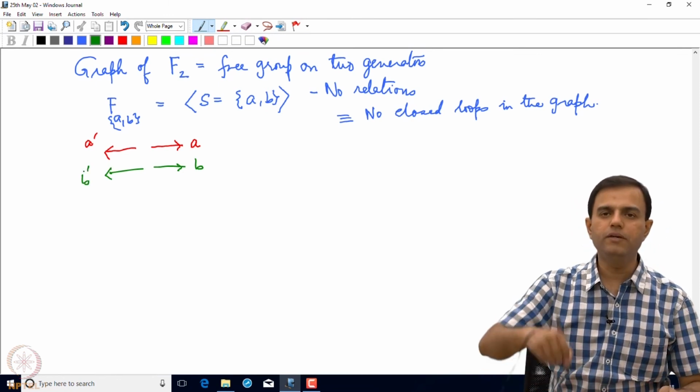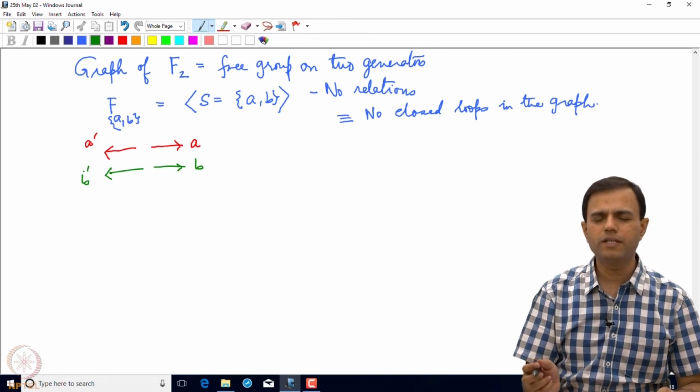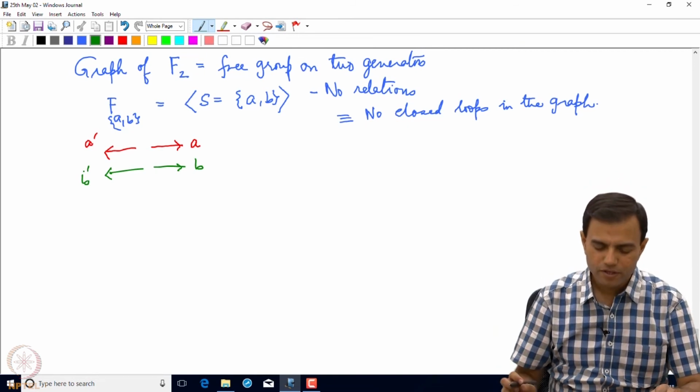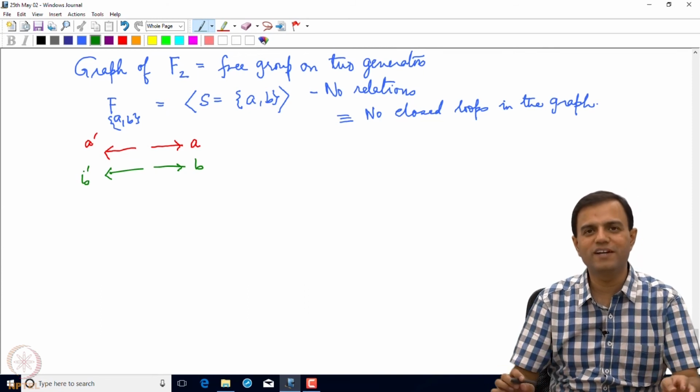Rather, I would use B vertically and A horizontally, just a way to avoid relations so that they are as far as possible.